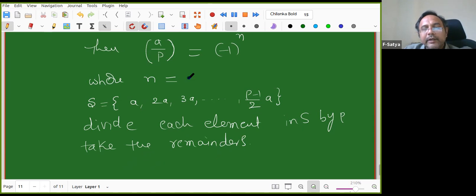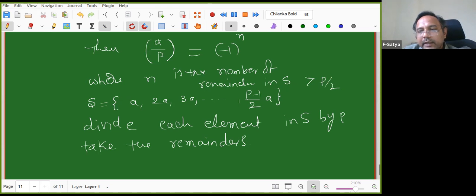I'll explain it. Let n be the number of remainders in S greater than P by 2, of course after division by P. Okay, so I'll explain that now.